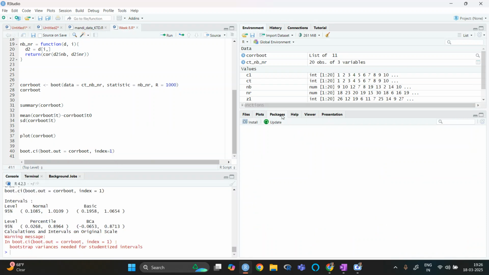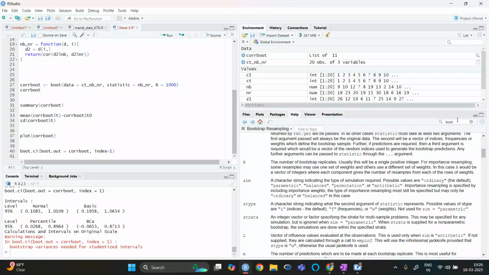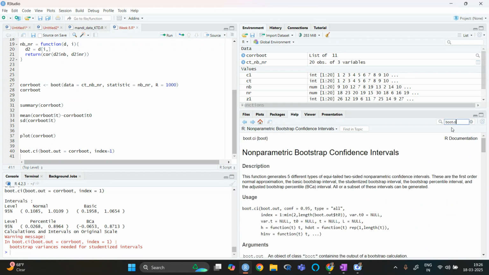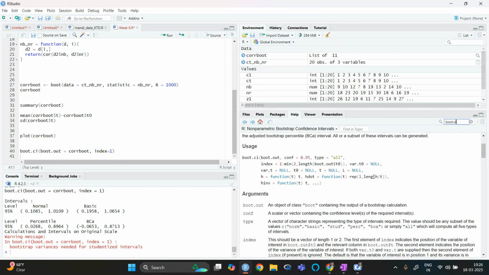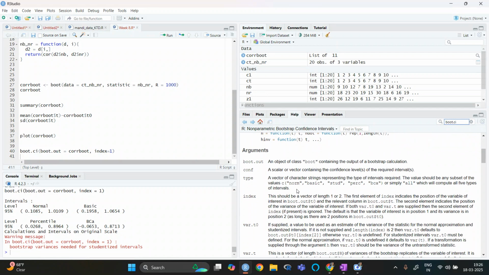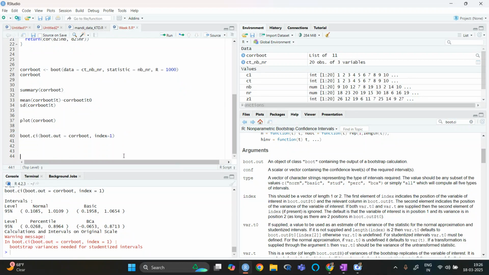Firstly, let me show you here boot.ci. It says that if index is 1, rather than index 1, you can write the type.